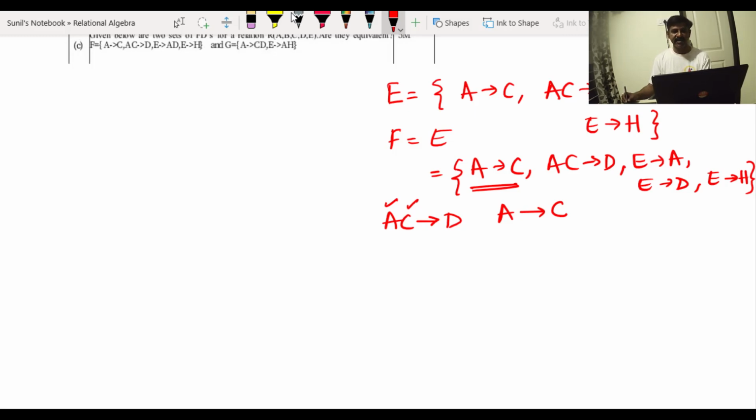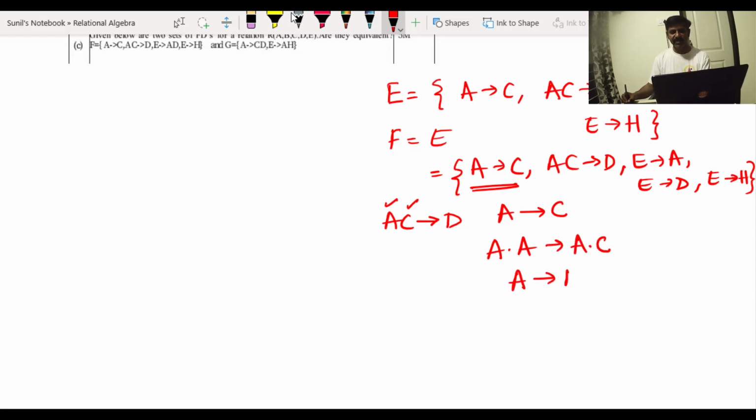So we know that AC is determining D. So if something else can determine AC, then we can do the transitivity. So by adding A on both sides here, A arrow A equal to A dot C. So you'll see A arrow AC.